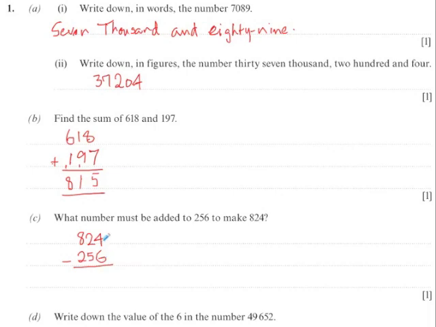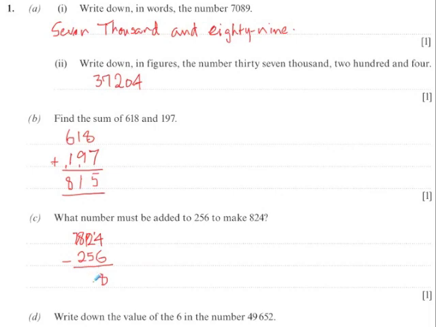So 4 minus 6, we need to carry 1 from there. So that becomes 1. And we carry 1 over there. So 14 minus 6 is 8. So 1 minus 5, we need to carry 1 over from here. So that becomes 7. And that becomes 11.